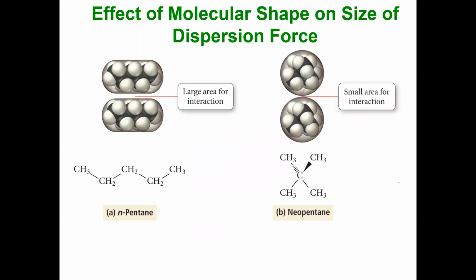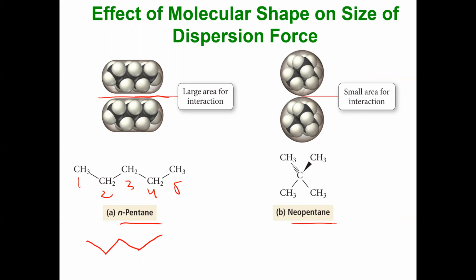What about shape? Let's compare things that have the same molar mass but a different shape. Just like we learned in organic chemistry, we could have pentane, which is 1, 2, 3, 4, 5 carbons. You could also draw it like 1, 2, 3, 4, 5. It's okay, they're showing you the hydrogens. What we see in a straight chain is there is more direct contact, more overlap, so there's a larger surface area.